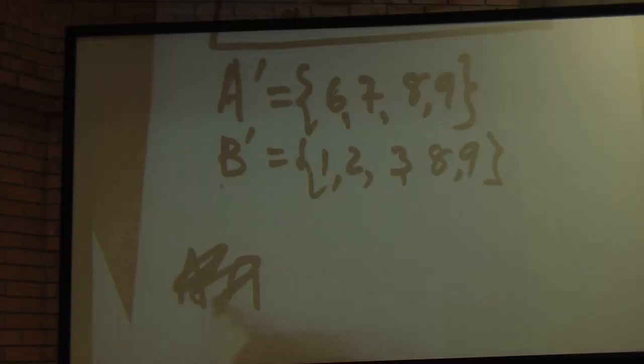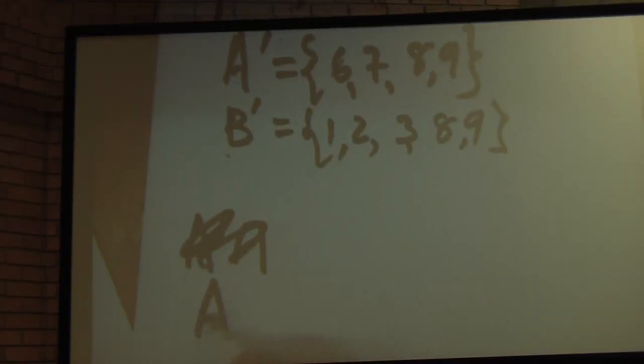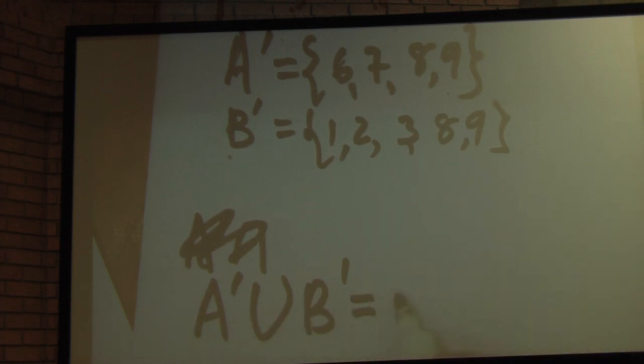We may be asked to find the union of the complements. So what is A complement union B complement? In other words, the elements that are not in A, unite them together with the elements that are not in B. It's better to start probably with the elements not in B, which are 1, 2, 3.